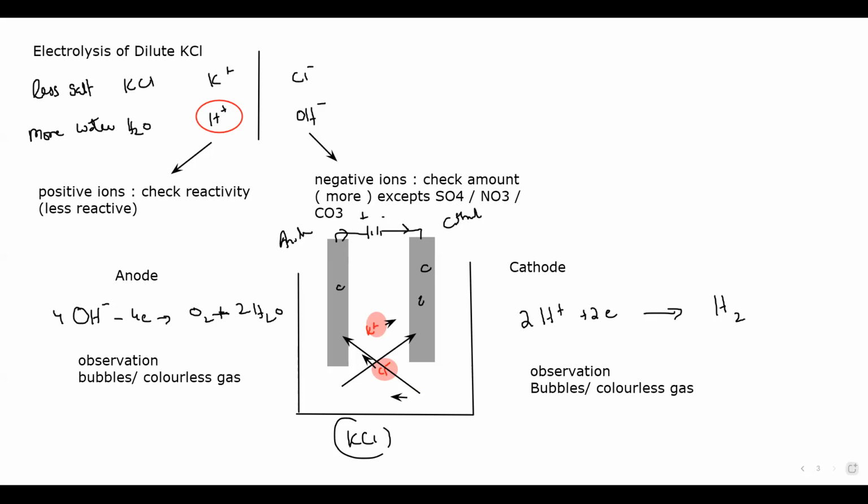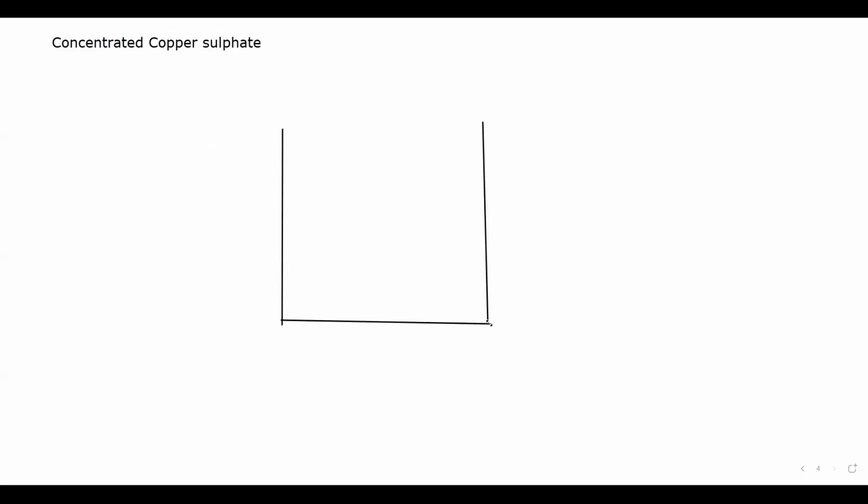Another example: if we have concentrated copper sulfate solution, and we are doing electrolysis by using inert electrodes such as graphite or platinum electrodes.